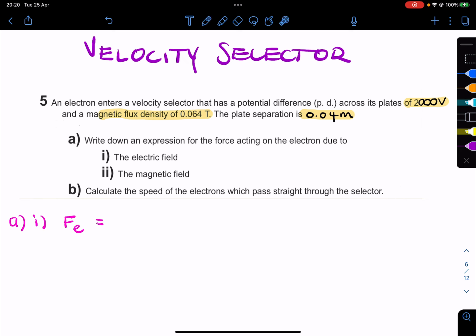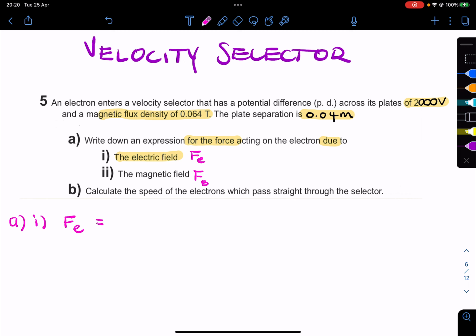The question is slightly confusing because it says the electric field, but what they actually are asking for is the force due to the electric field. So that means Fe, and the force due to the magnetic field, that's Fb.